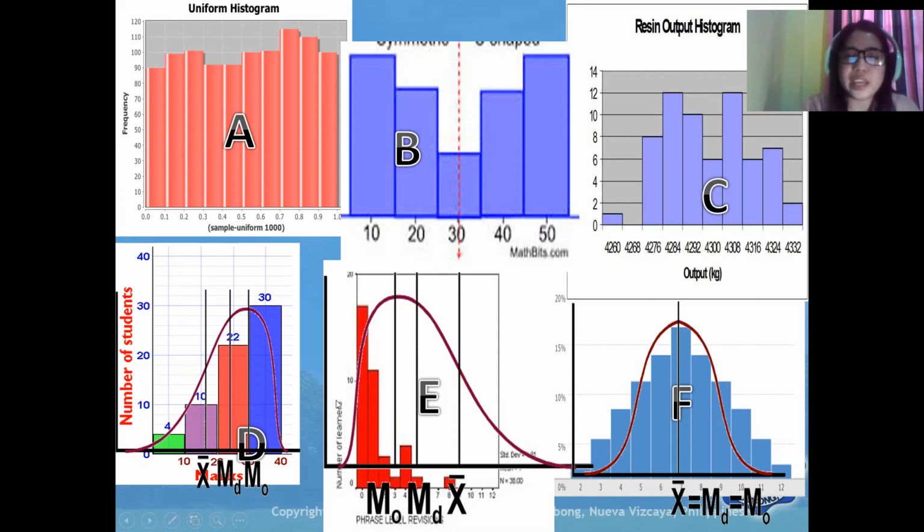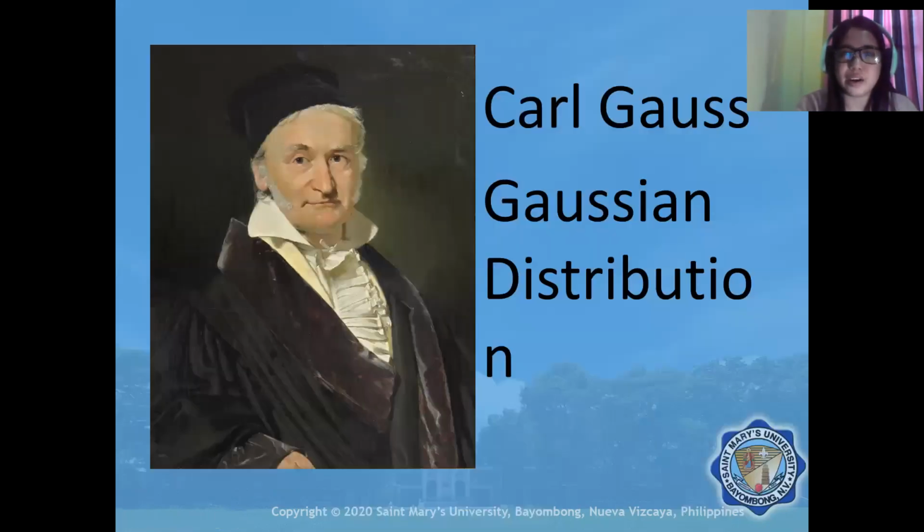For letter E, the highest value is the mean, the lowest value is the mode, and the median is located at the center, so it is positively skewed. For letter D, the highest is the mode and the lowest is the mean, and the median remains at the center, so it is negatively skewed. As mentioned, we will focus on the normal curve.